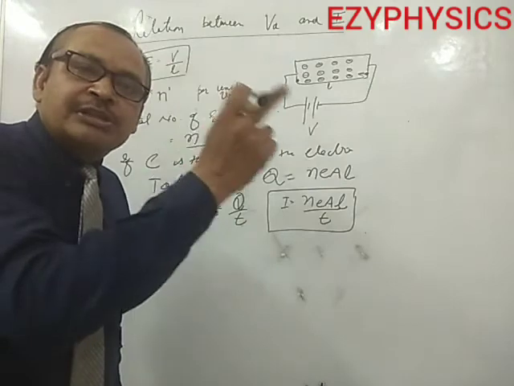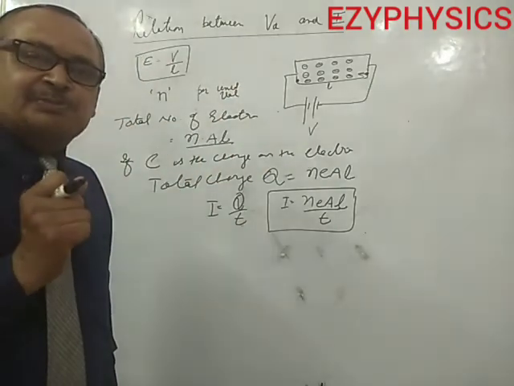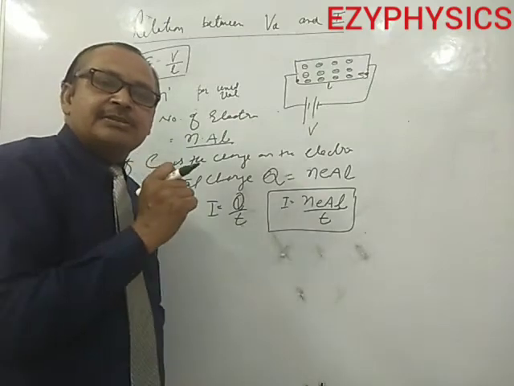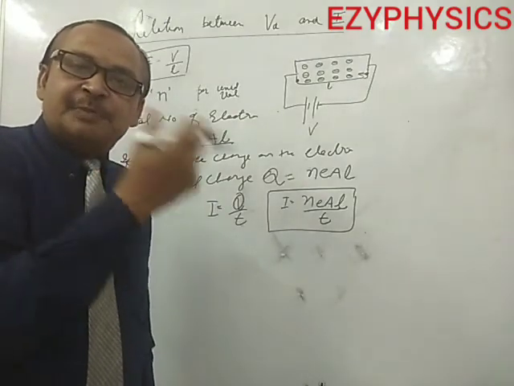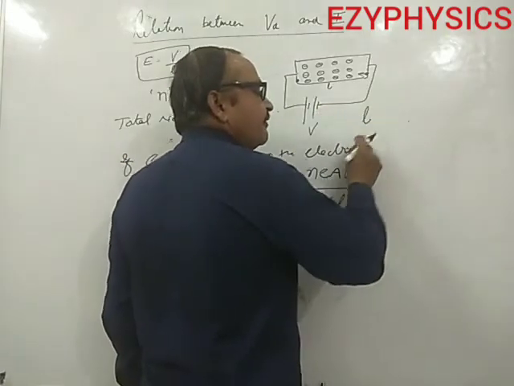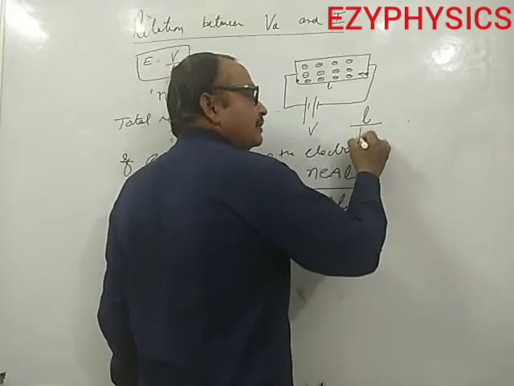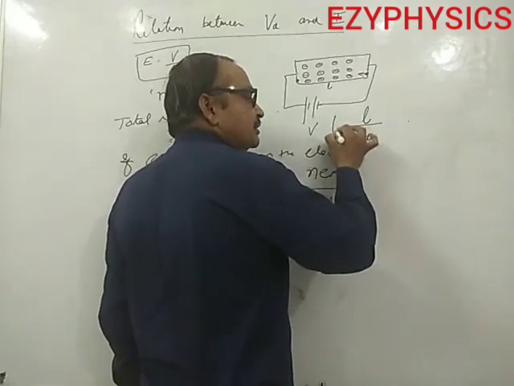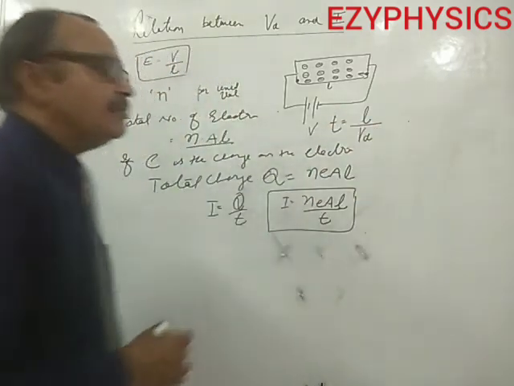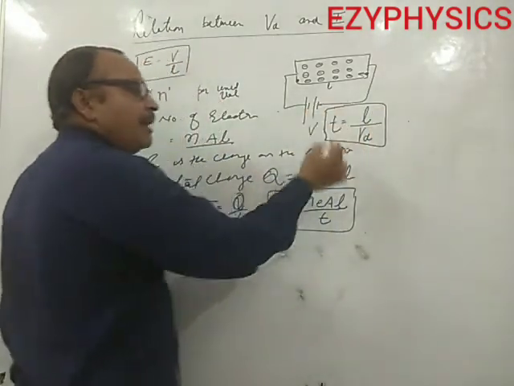Time is equal to distance by speed. The length is the distance, and the speed is the drift velocity. So distance over drift velocity is your time. Any doubt? So T is equal to L by Vd.